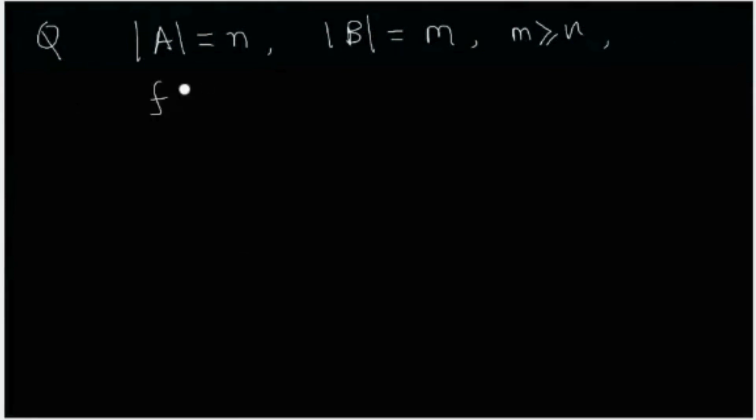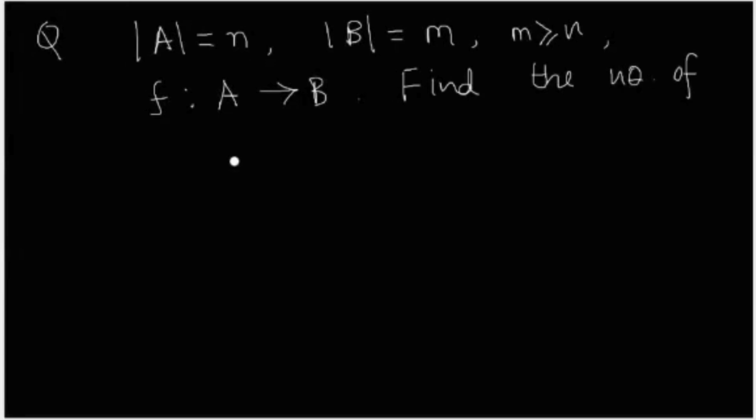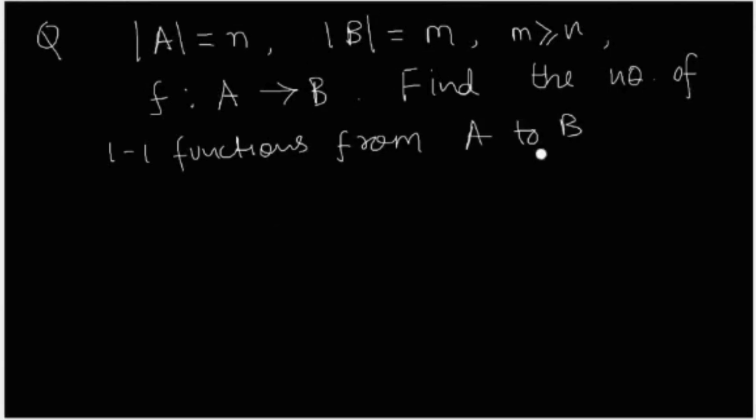So there is a function f that maps elements from A to elements of B. The question is to find the number of one-one functions from A to B.